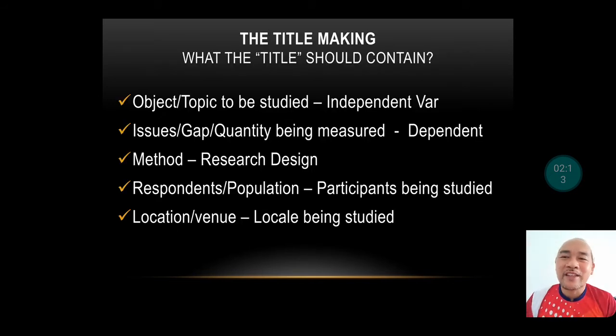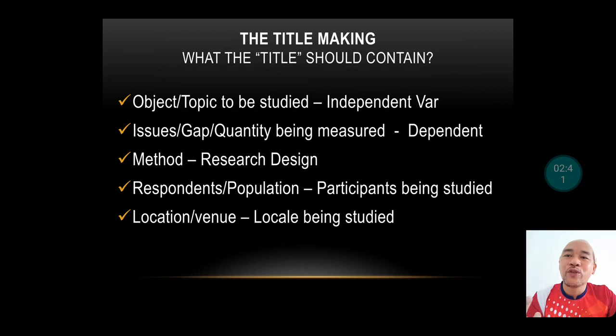And what does the title contain? What does the title of our research really have? Now, I came up with this from the resources that I have: the title should contain the object, meaning the topic that is being studied. So this becomes our independent variable.